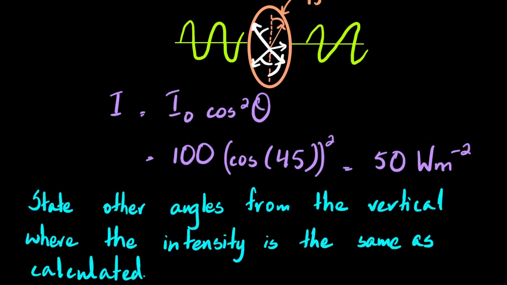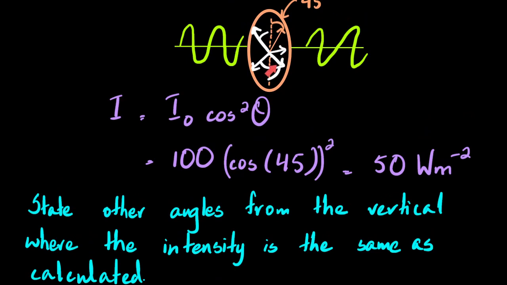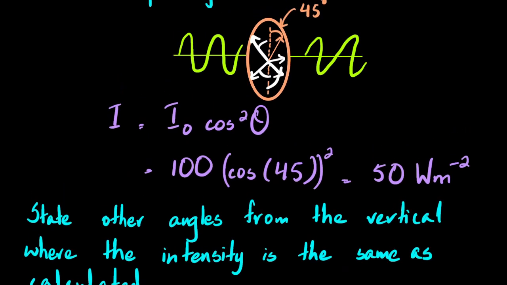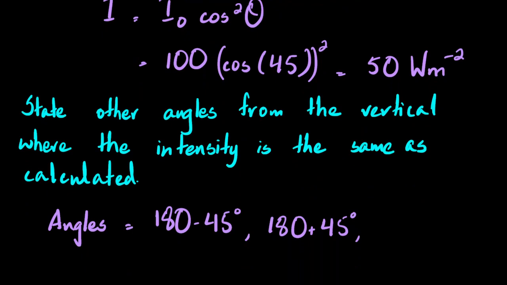The second one would be 180 plus this 45, because we are asked the angles from the vertical. And the third one, which is this entire angle, would be what? If this is 45 and this entire thing would be 360, so 360 minus 45.